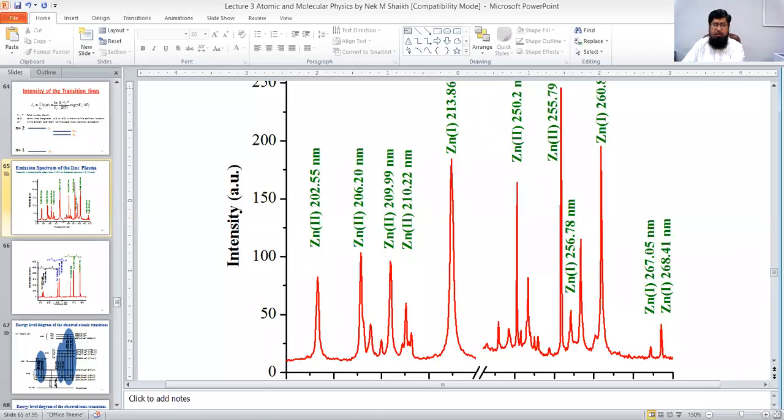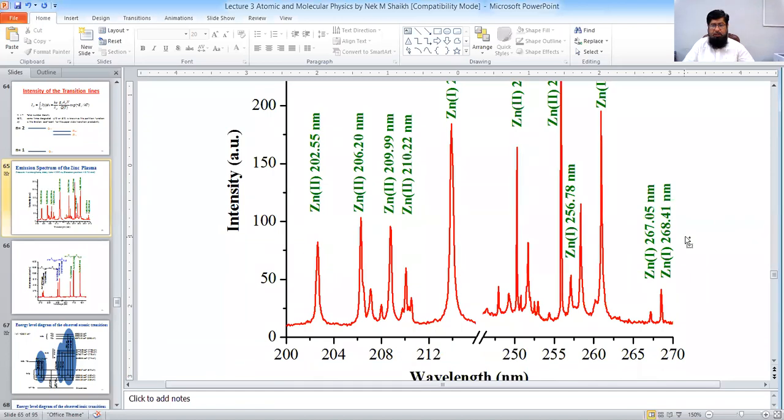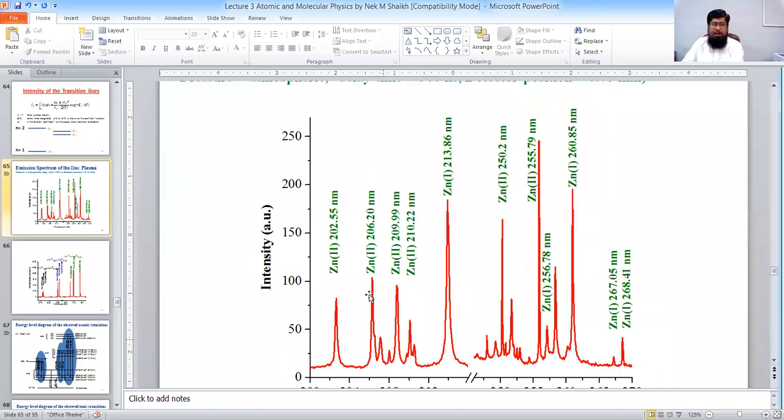So now if we look here, this is the zinc atom. For the 202 wavelength, the intensity is much less as compared to 255.